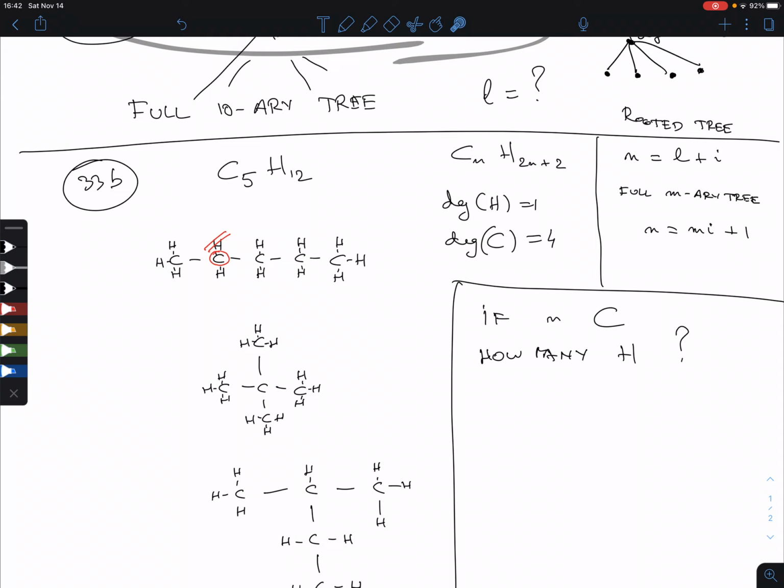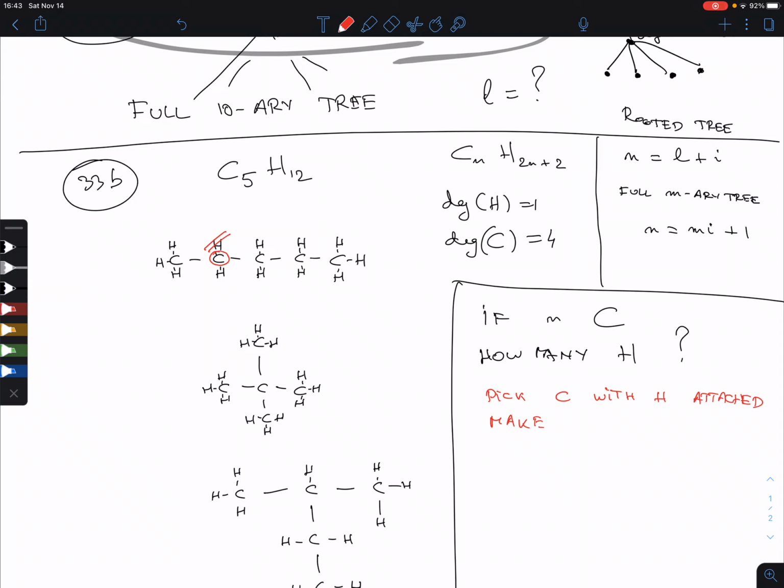The other C's have parents, and therefore have 3 children, because their degree is 4. So every C has 3 children in this tree, and the rest are leaves. So the choice I made: pick a C with H attached, and make it the root.